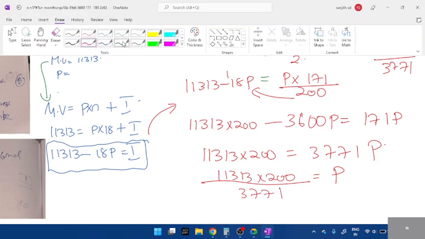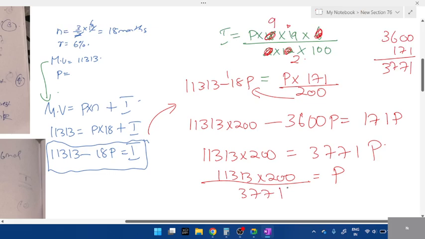See, principle for such question, this and this has to get cancelled. Okay, so how many times you have to multiply? 3 7 into what will give you this last number as 3? Into 3. Is this clear? All of you understood?